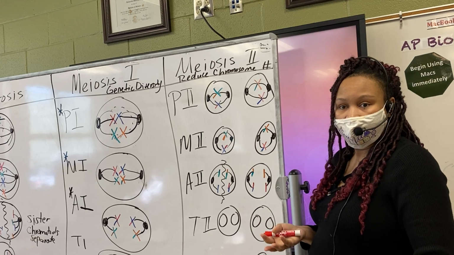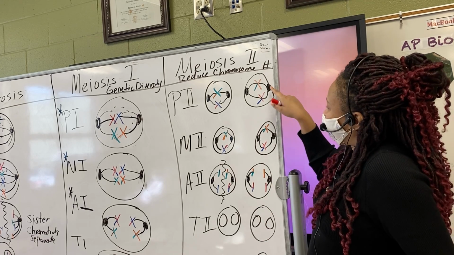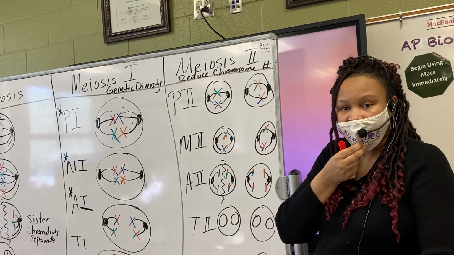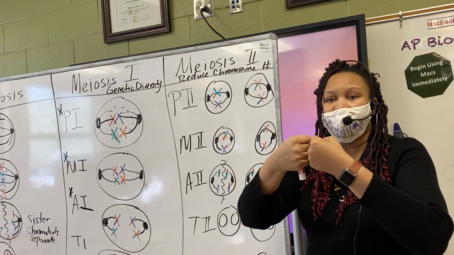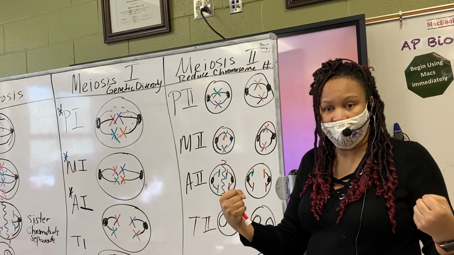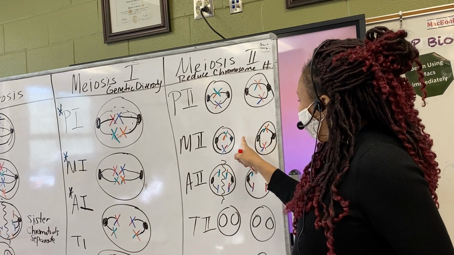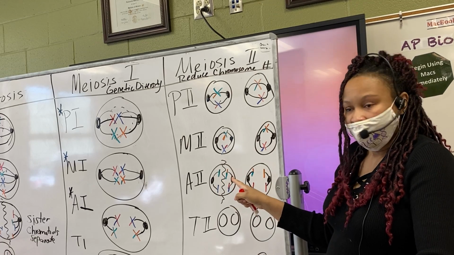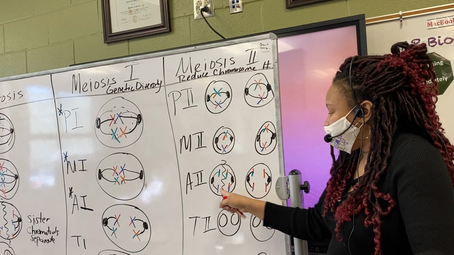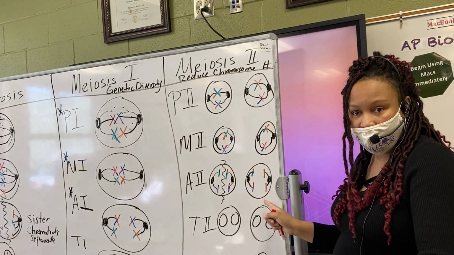See how it's similar? Because the fibers are attached to both sides. When the fibers are attached to both sides of one chromosome, it's because the sisters are going to be separated. Okay? In metaphase 2, they line up in one line. Just like in mitosis, in anaphase 2, the sisters are separated from each other.